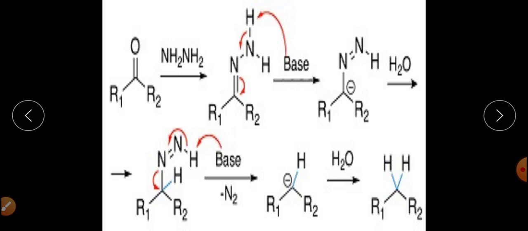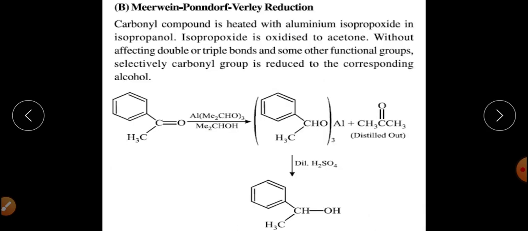It means that the aldehydes or ketones which are sensitive to acids can react under basic conditions and we can do the reaction. So this is the synthetic importance of the reaction, that it is useful for those aldehydes and ketones which are acid sensitive, right?